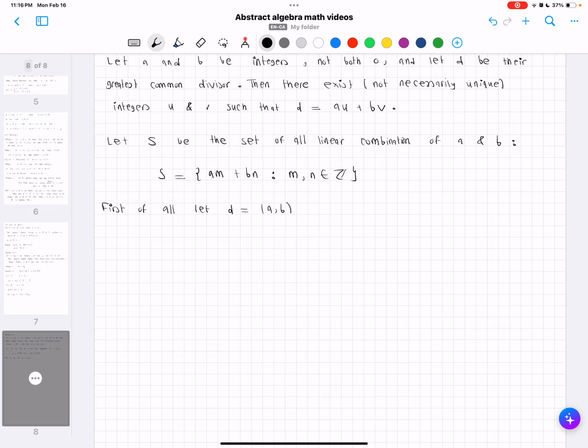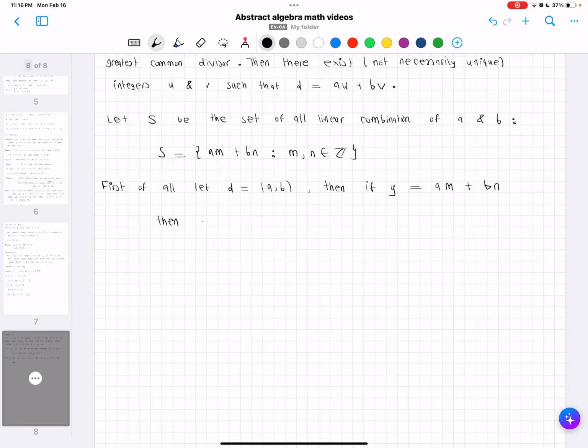Then if y is equal to am plus bn, we can write d as a factor of both a and b. So that means that we can write d times alpha 1 is a and d times alpha 2 is b.